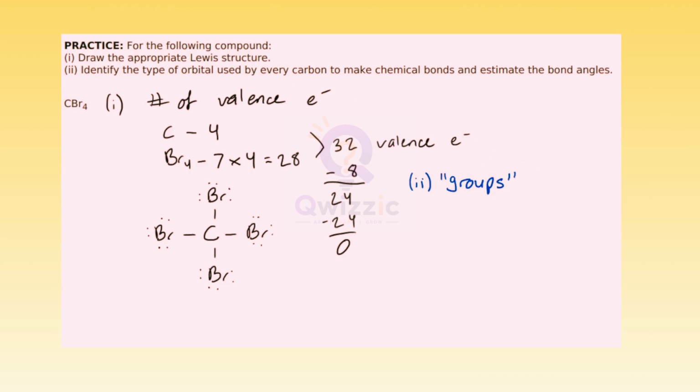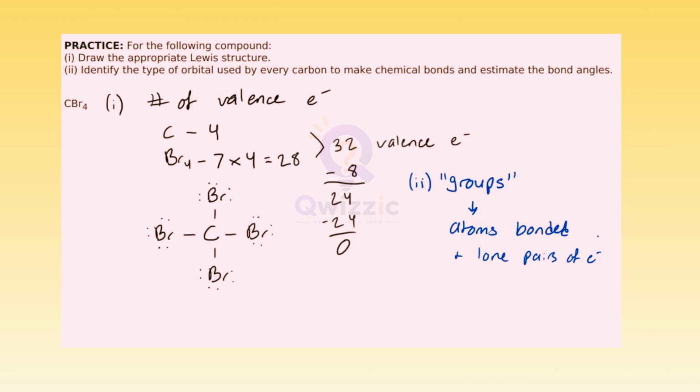When I say groups, I'm referring to the sum of 2 different categories: atoms bonded to the atom in question, but also lone pairs of electrons. When you total up the number of groups associated to an atom, you can figure out its hybridization.